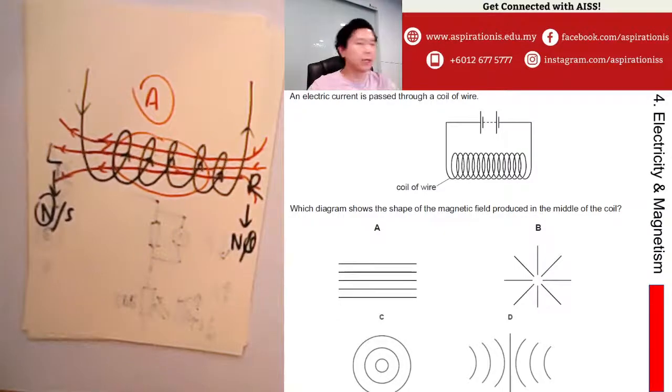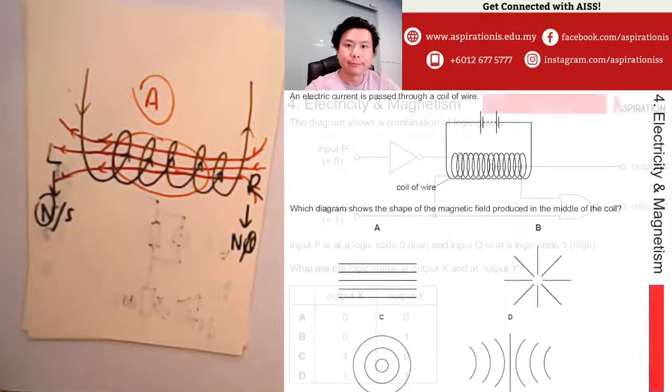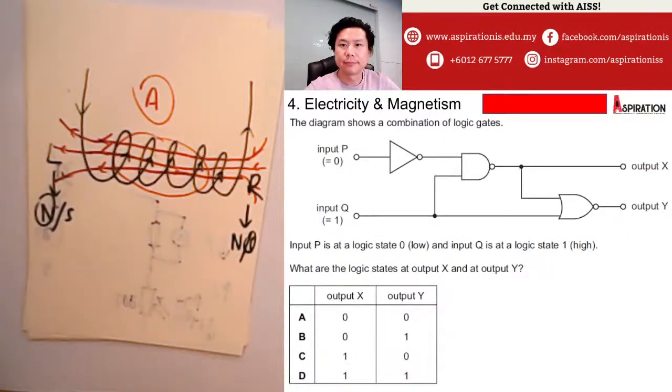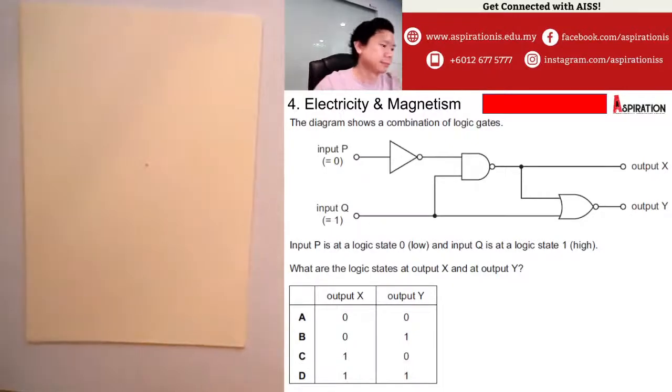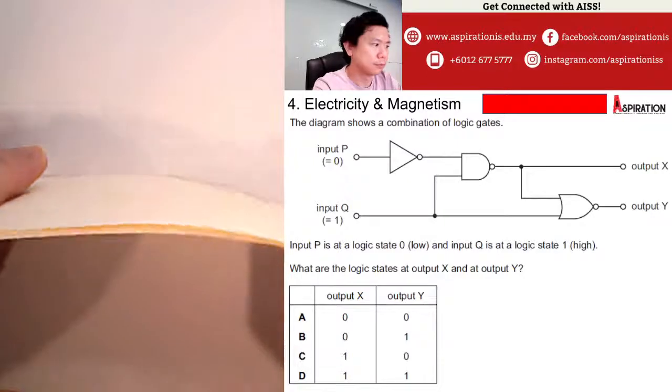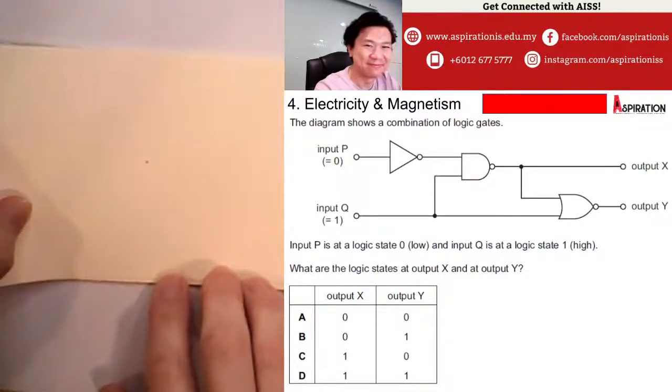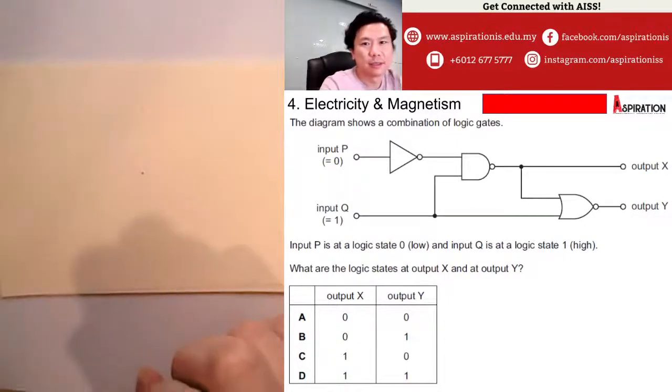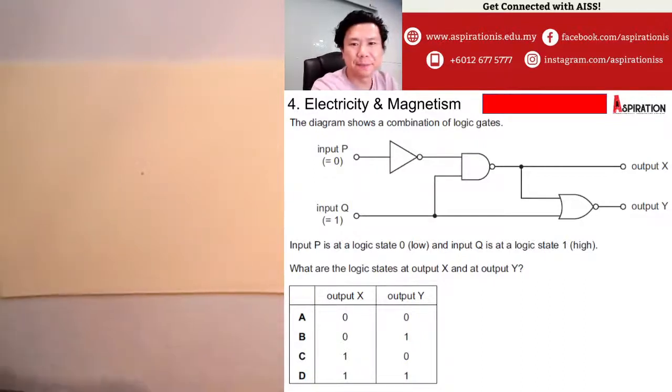Now, is anyone not clear? Please ask in the chat. Is this clear? Yeah, can be quite confusing, Lisa.